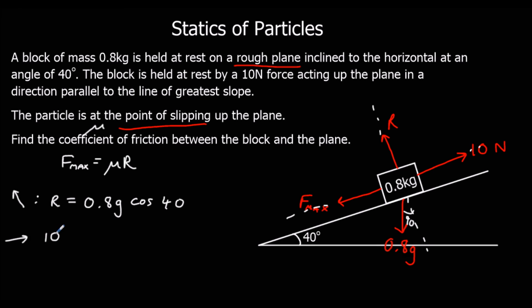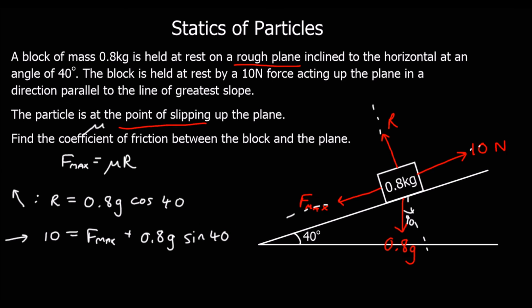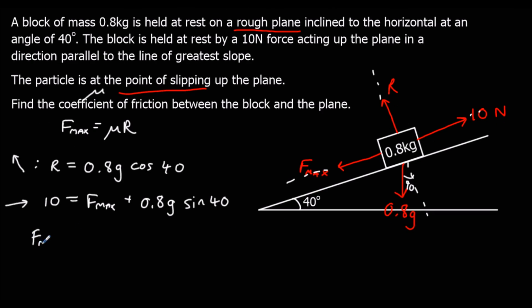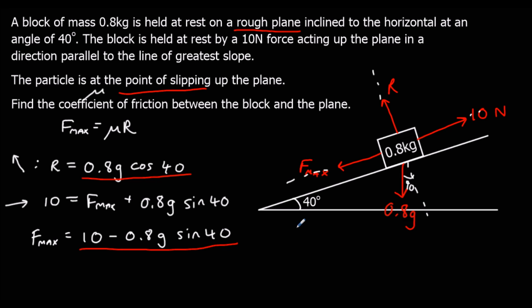So we can say 10 equals friction max plus the other component of 0.8 g, which would be 0.8 g sine 40. So friction is equal to 10 minus 0.8 g sine 40. So there we have R, 0.8 g cos 40, and friction, 10 minus 0.8 g sine 40.